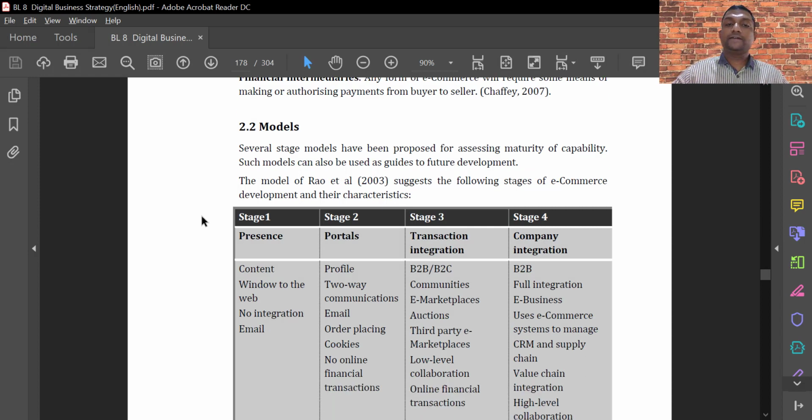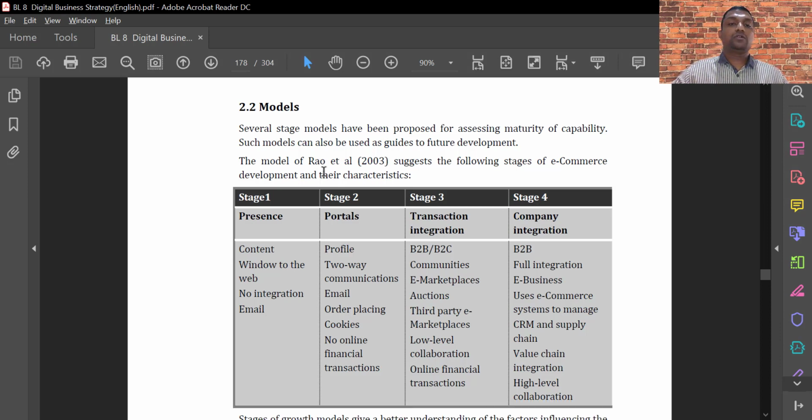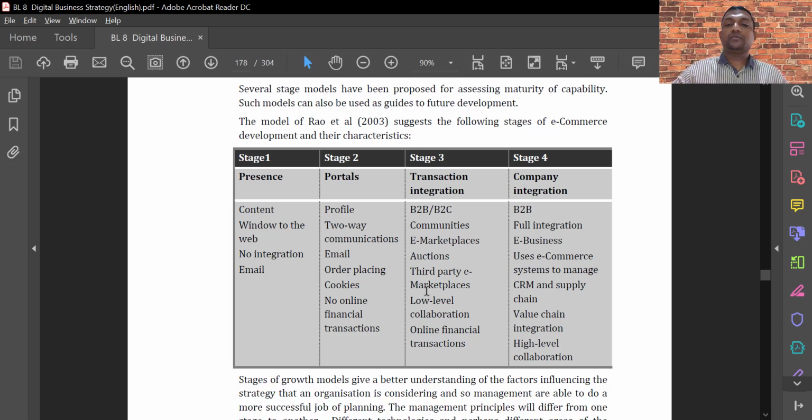So here several stage models have been proposed for assessing maturity of capability. Such models can also be used as a guide to future development. So the model of Rao 2003, this was suggested in 2003, the stages of e-commerce development and some of their characteristics.